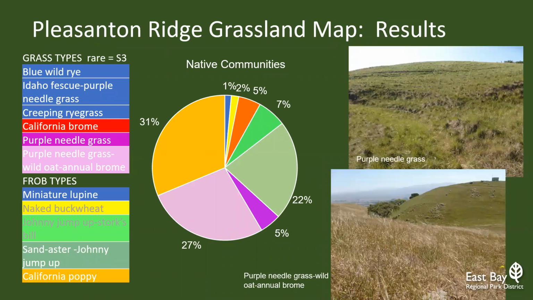And then we mapped 2 purple needlegrass types of stands. The upper photo is purple needlegrass grassland, and that had high cover of purple needlegrass. The lower photo shows a slightly more weedy type of needlegrass grassland. It was invaded by more non-native annual grasses, and that type was called purple needlegrass wild oat annual brome.